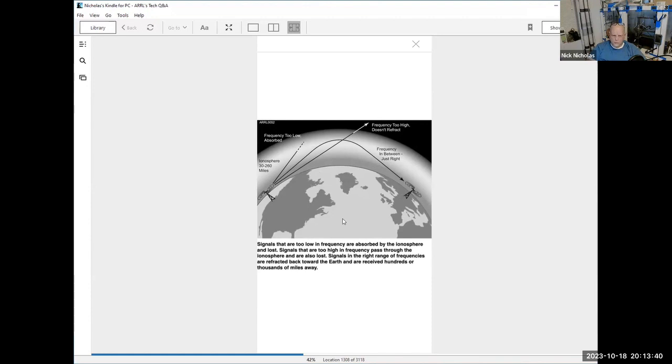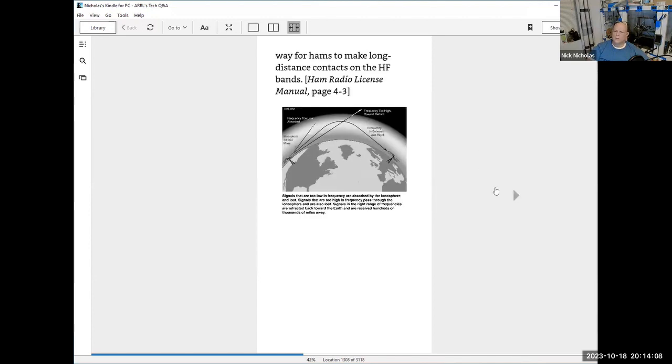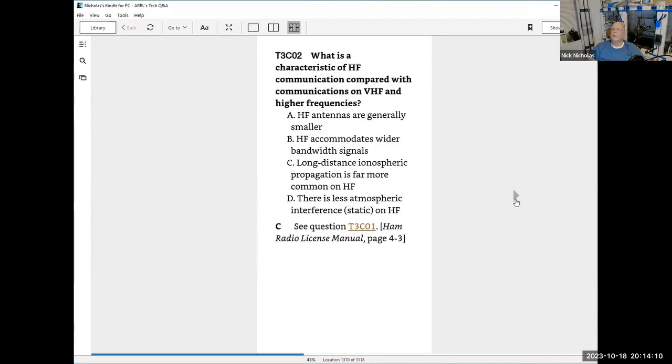That ionosphere is part of our force field that protects us from the particles of the sun. So we don't want to curse at the fact that VHF signals and UHF signals don't bounce back, because we don't want them to, for our own sake. But there are other atmospheric conditions we're going to cover in the next few days, and we're going to discuss them, where we can skip UHF and VHF signals.